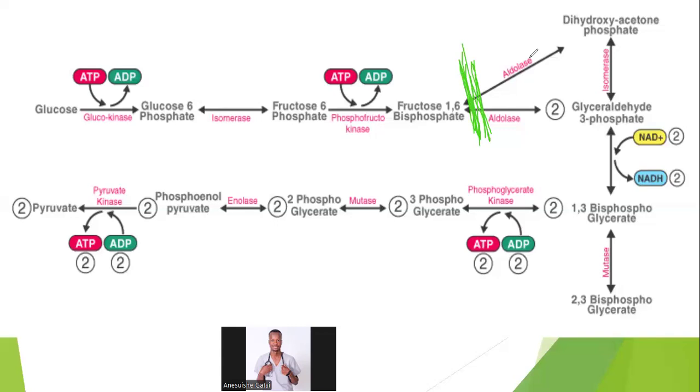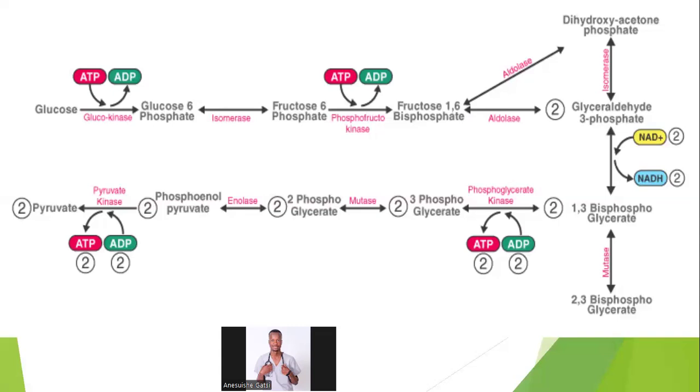But what you have now is your fructose 1,6 bisphosphate. It's going to be acted upon by aldolase. And what aldolase does is, I'm not really liking how they put this diagram across, but what it simply does is it produces two molecules that have three carbohydrate moieties.